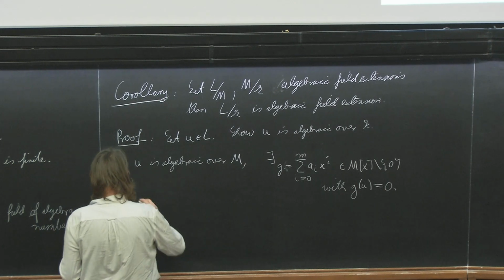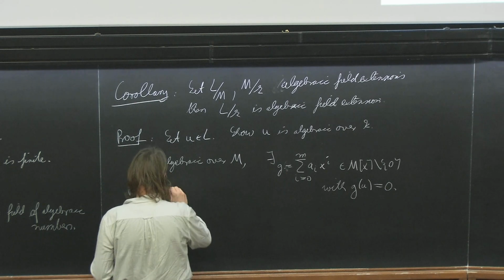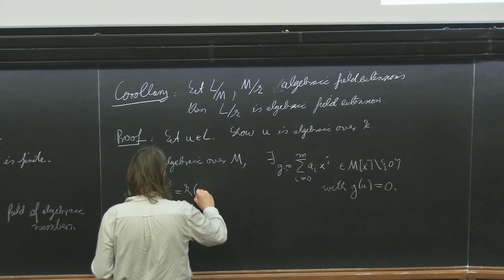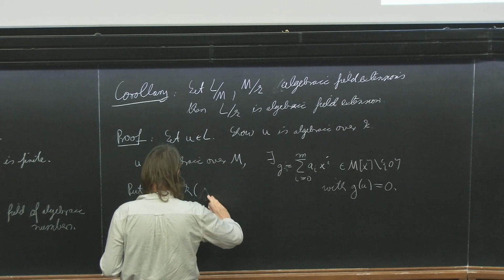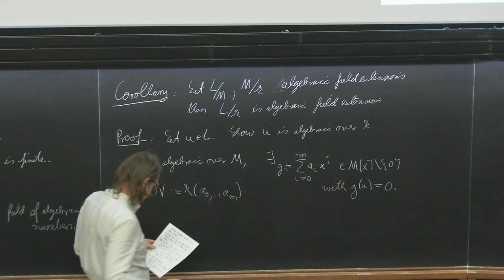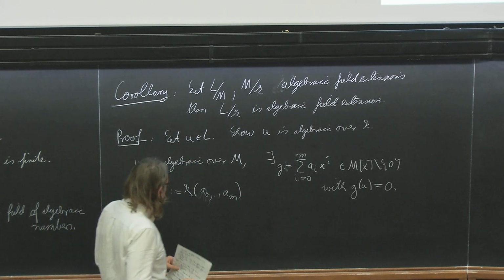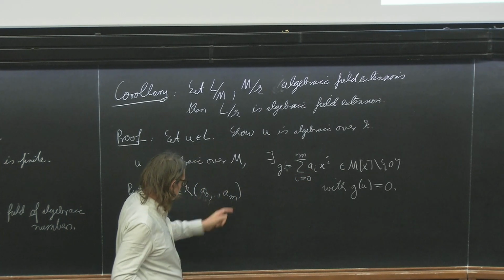So we put N, so another field extension, to be K, to which we add a_0, a_1, up to a_n. So then each of these elements is algebraic, and we add finitely many of them.